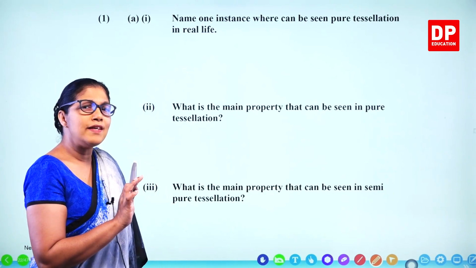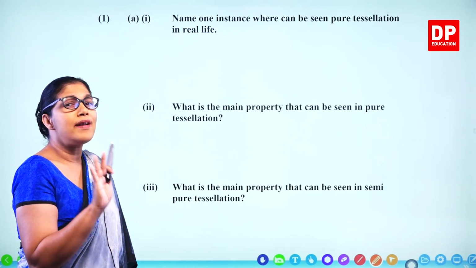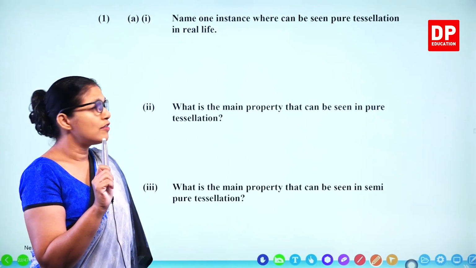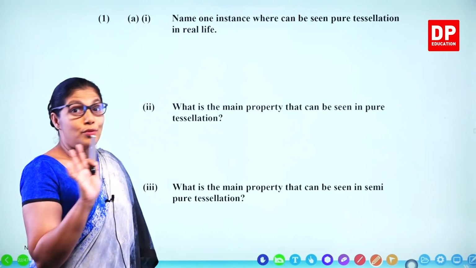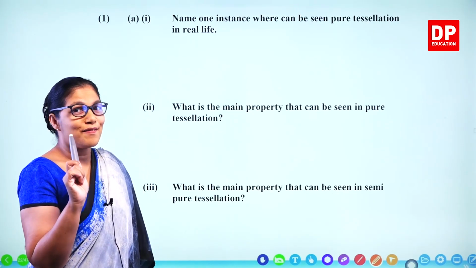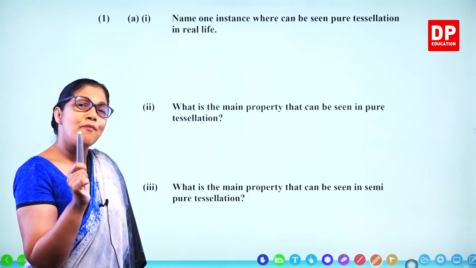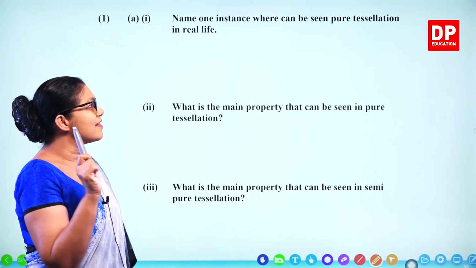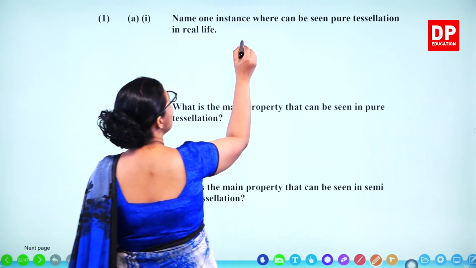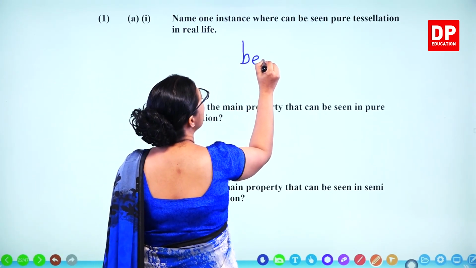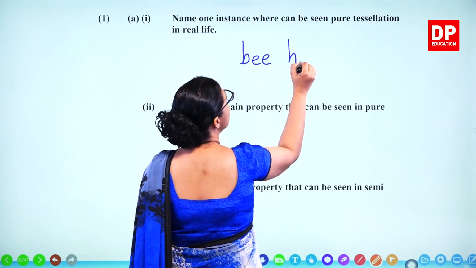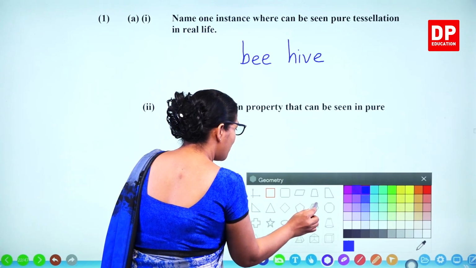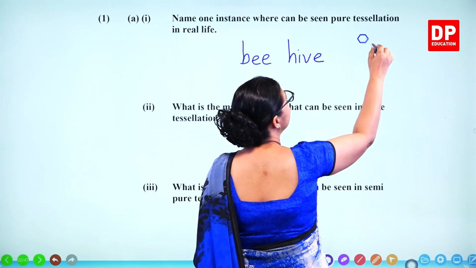Pure tessellation means only using one shape. So the good example is beehive. What's the shape we are using there? Hexagons. So beehive is a good example. Can you remember hexagons are there?